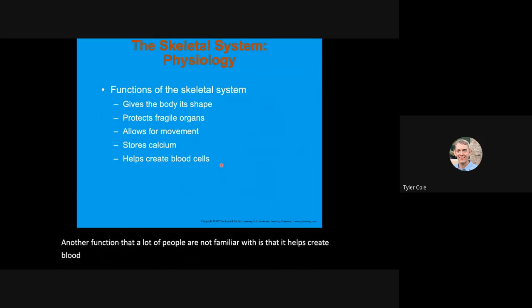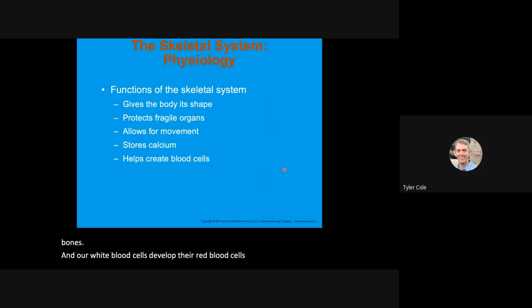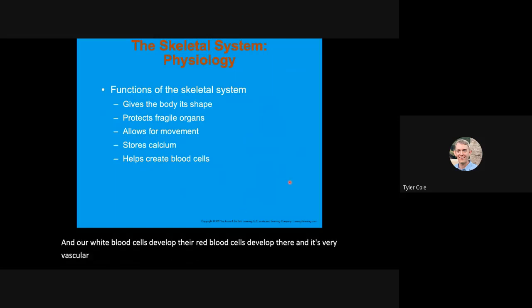So our bone marrow is contained in our bones, specifically our long bones. And our white blood cells develop there, our red blood cells develop there, and it's very vascular areas because of this. Then our bones, as you recall, are made of calcium.